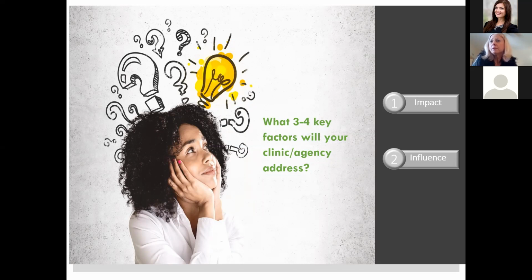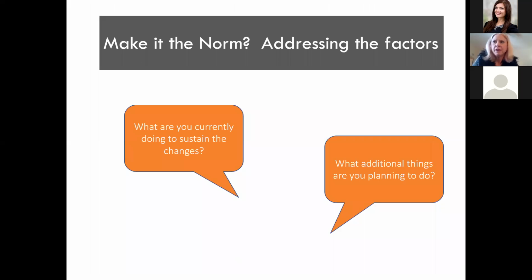But that's probably something I'll remember to say again, is thinking about that impact and influence. That's going to drive the key factors on how are we going to do this? How might we even get this done? So addressing those factors, you already thought about the impact and the influence.